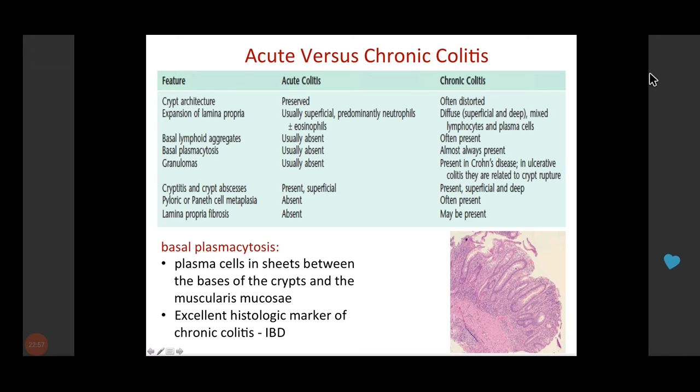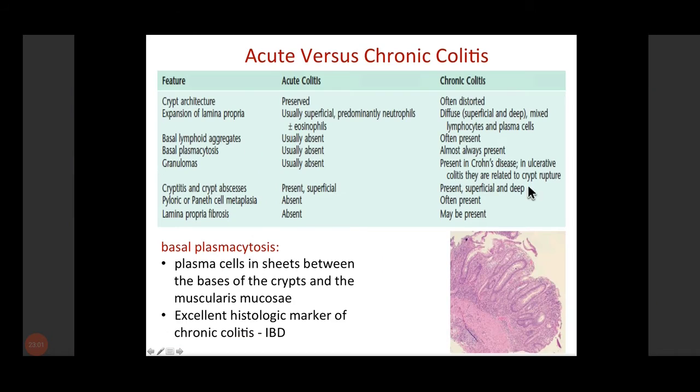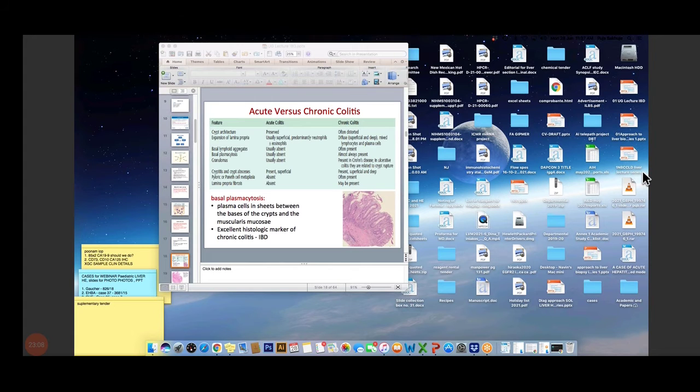Okay, can some of the audience just tell me if the screen is shared right now? Can you just tell me if the screen is shared and you can see it? Okay, so I think you can see the screen.